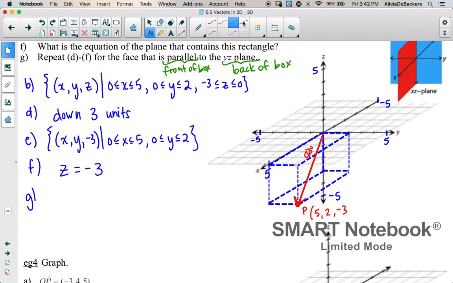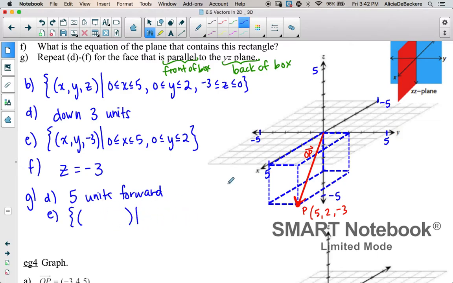All right, so we're going to talk about the front of the box. In part D, I want to know how far it is from the original plane, the back of the box. Well, it's 5 units forward. In part E, I want the points that lie on that rectangle, again in the form x, y, z.